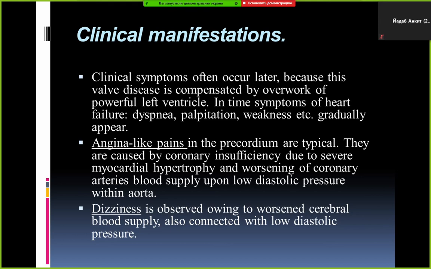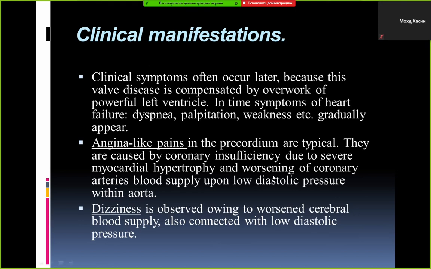The most common symptom of aortic incompetence is angina-like pains in the precordium. They are caused by coronary insufficiency due to severe myocardial hypertrophy and worsening of coronary arteries blood supply upon low diastolic pressure within the aorta.